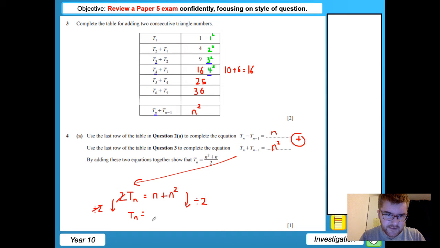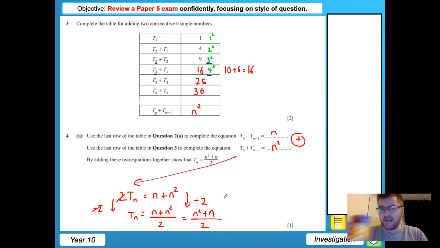And if we divide this by 2, we get n plus n squared divided by 2, which is exactly what we want. Notice this can be written the other way around. Remember, if you do 7 plus 3, it's the same as 3 plus 7. So we are allowed to reverse this around like so. Excellent.